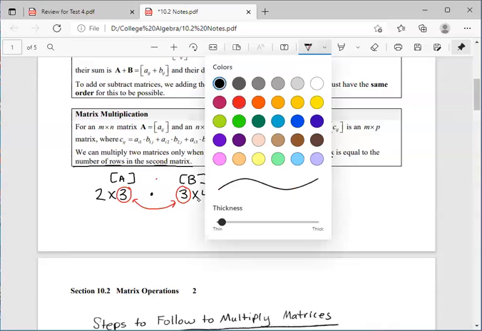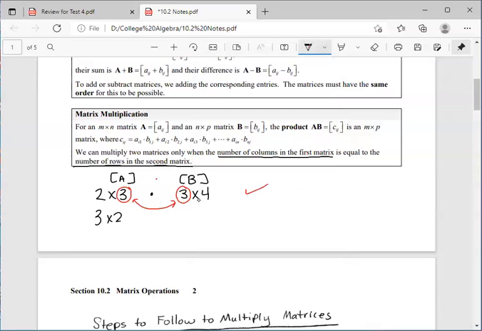If I switch these, let's just switch the A and the B. Let's say I want to do a 3x4 and I want to multiply it by a 2x3 and I'm doing it in that order. Well, the answer is going to be no, because whatever is here has to match whatever is here. This is going to be a giant no. You can't multiply them unless these 2 things in the middle are the same.